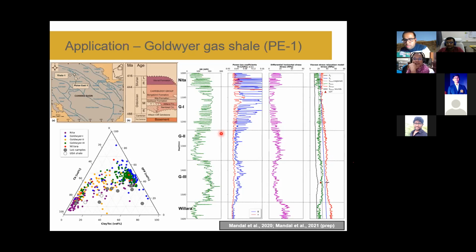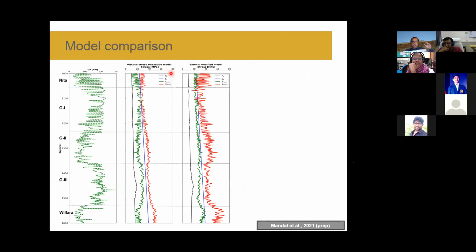So following this, there is a model comparison. Model comparison means we computed the model from Eaton's modified model, the equation I showed, as well as our viscoelastic model itself. One of the important things you need to notice here is in the shale layer, Eaton's model is saying probably some of the area is showing lower stress, and the limestone layer is showing higher magnitude.